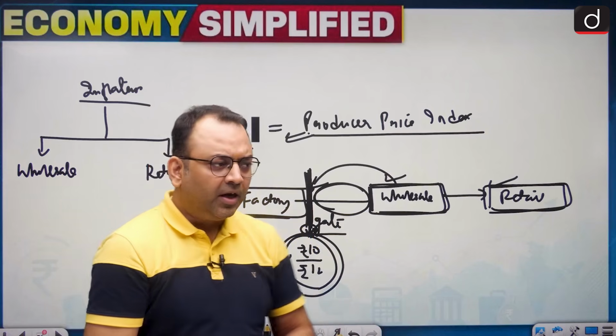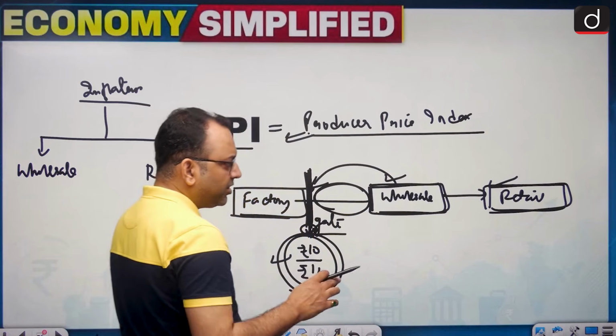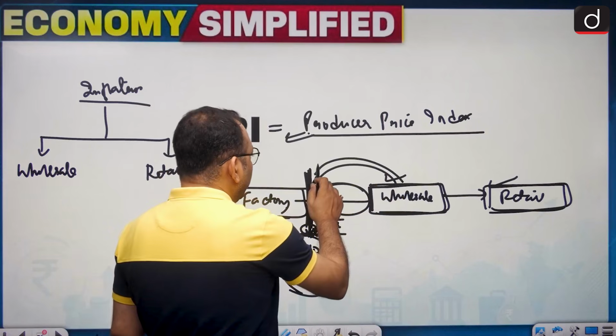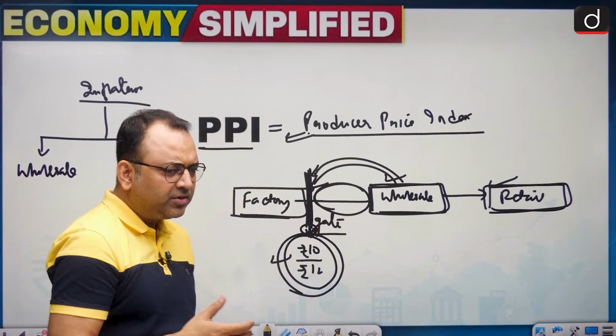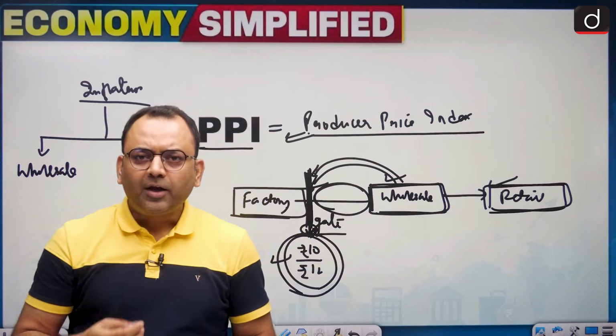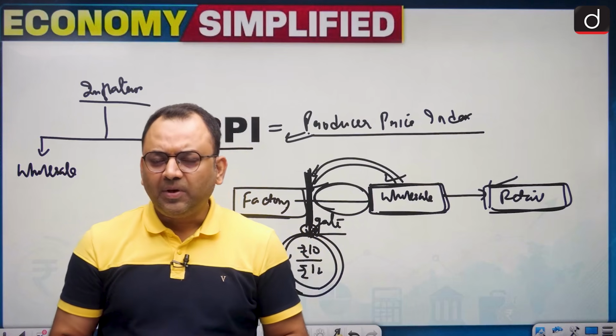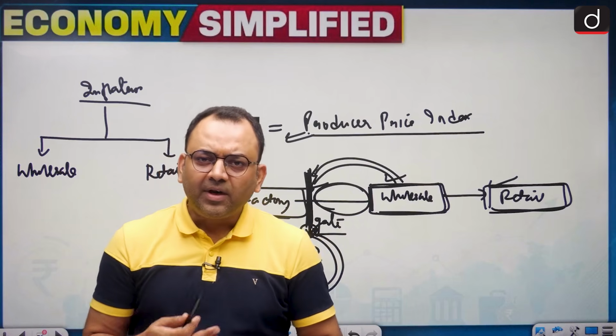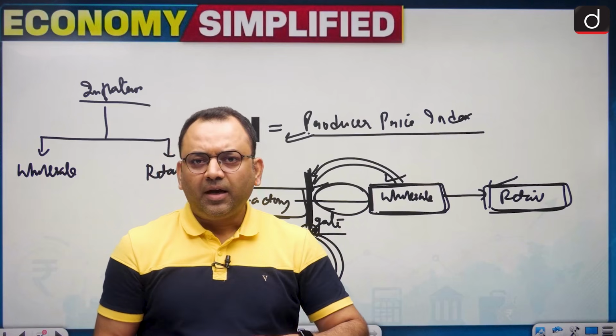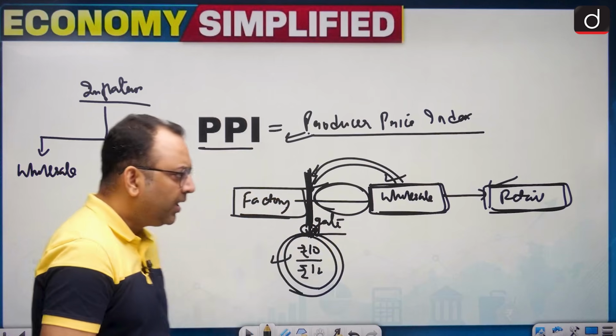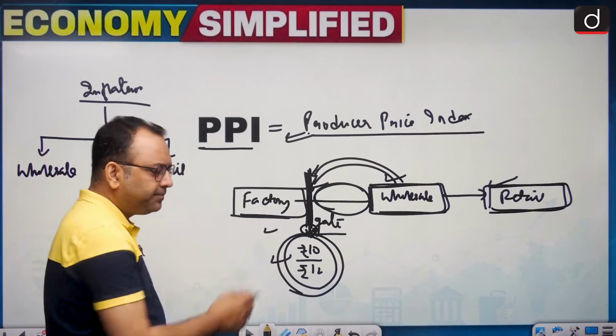that we shall be shifting our inflation measurement from WPI to PPI, and also because PPI is a more accurate measure to display the inflation. Also, in the advanced economies, they measure inflation through PPI.